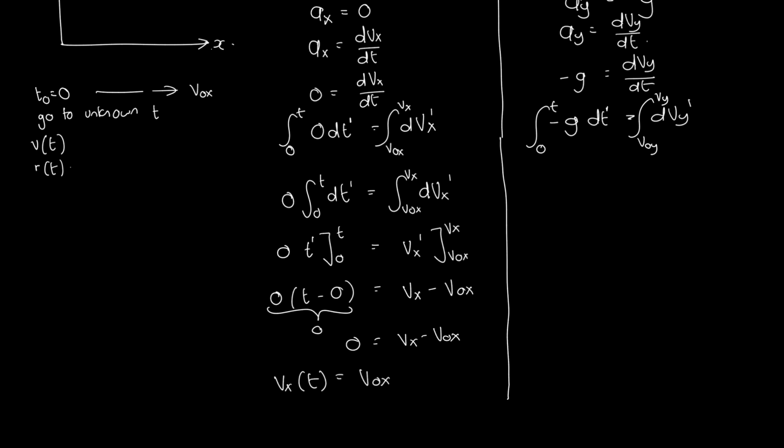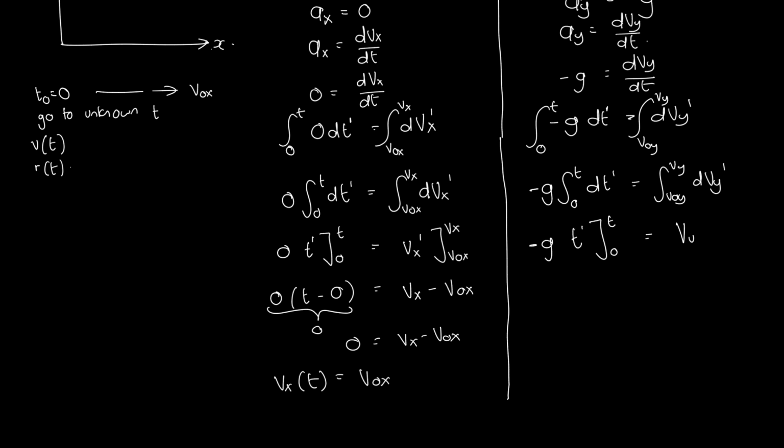Now let's do the same for the y component side. So we did the x component and now the y component. The minus g can come out because it's a constant. Integral from 0 to t of dt prime, integral from v0y to vy of dvy prime. Minus g can still stay on the outside. The integral of dt is just t, and it's going to be from 0 to t.